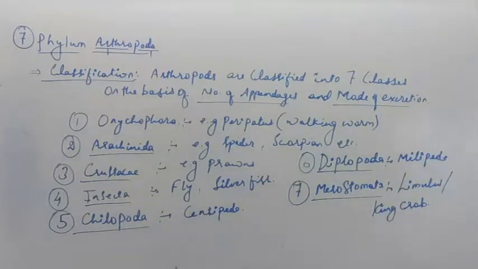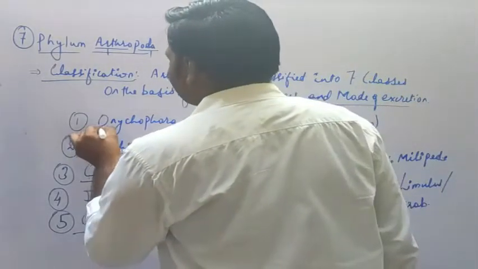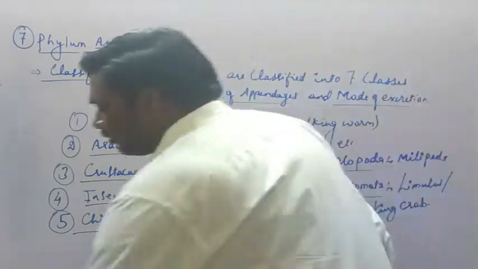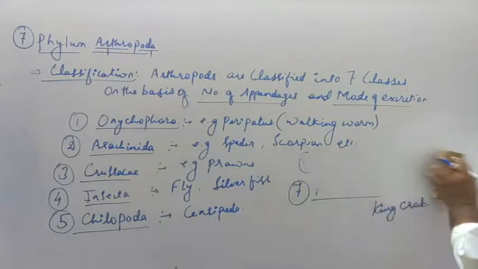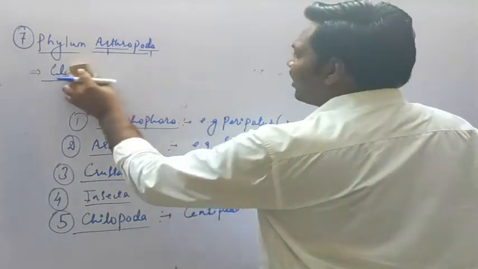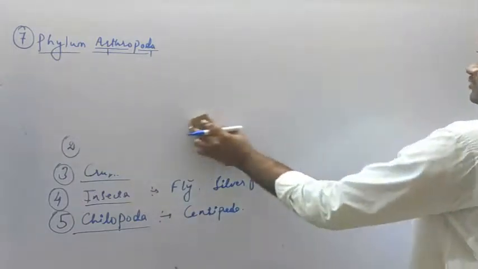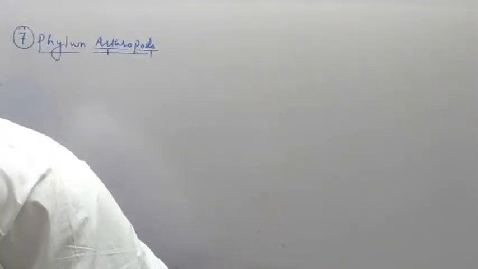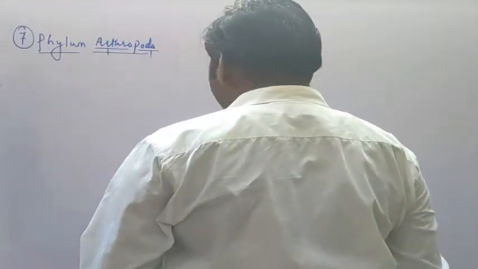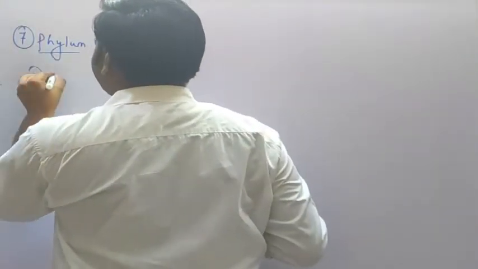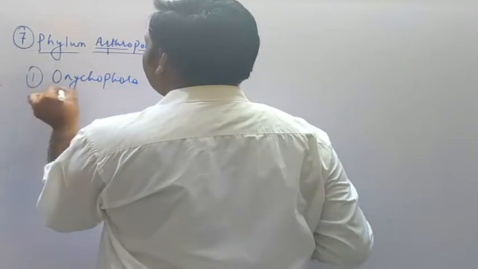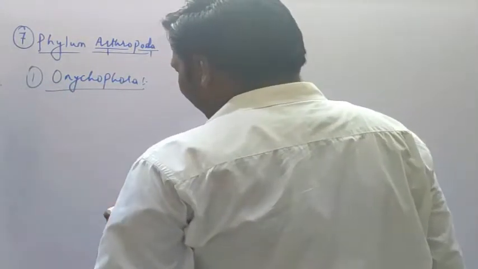Now let's move to the first class of the phylum Arthropoda that we will discuss here, that is Onicophora. We will discuss the other classes later. So first we are going to see Onicophora and one example of it.